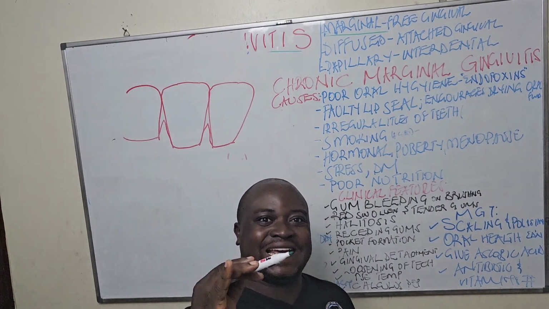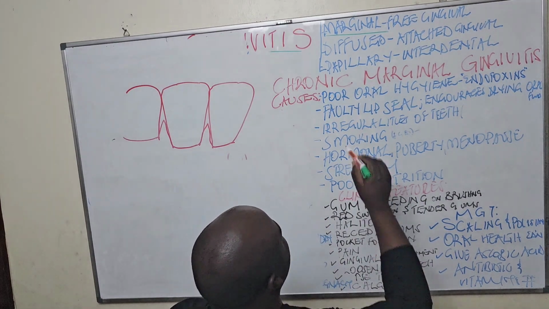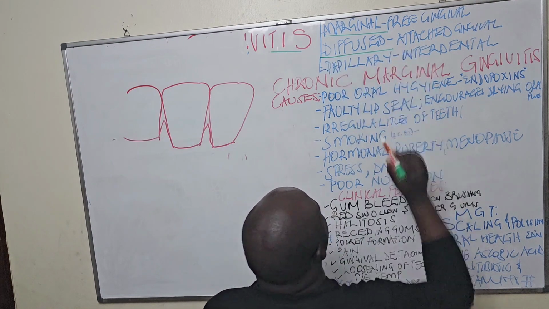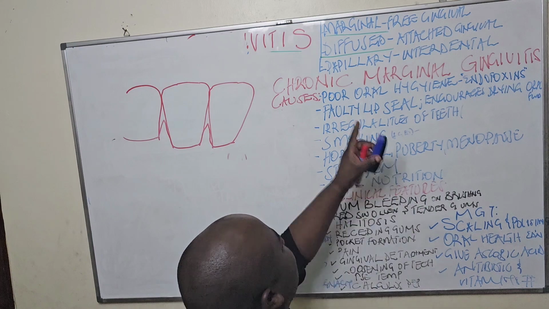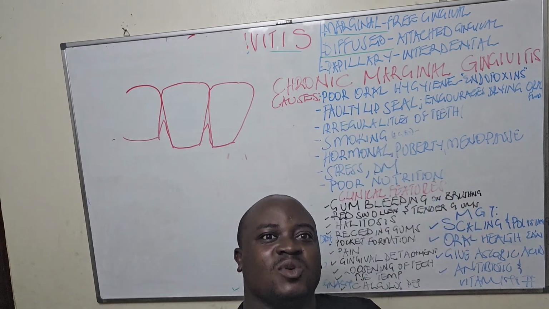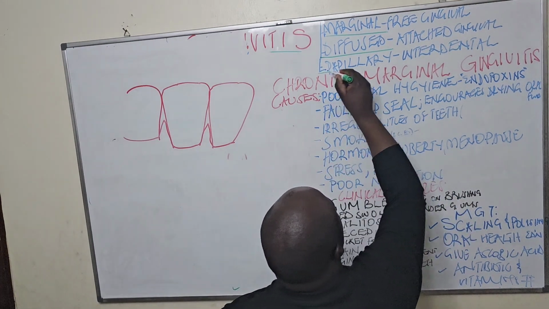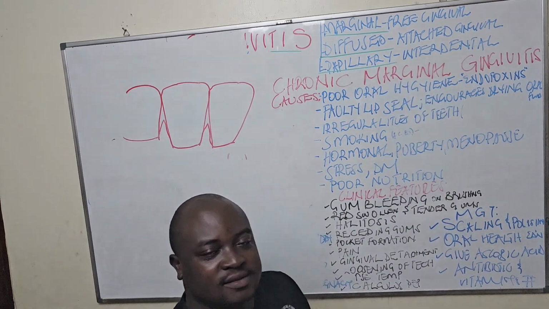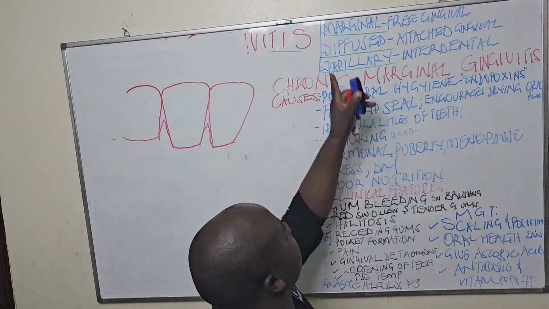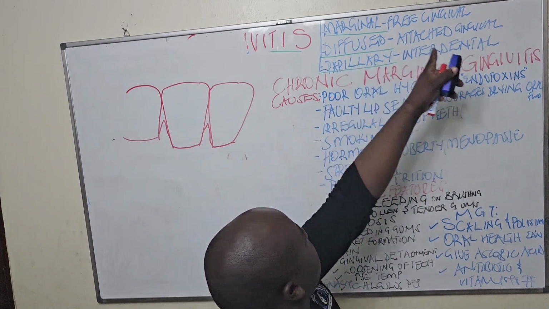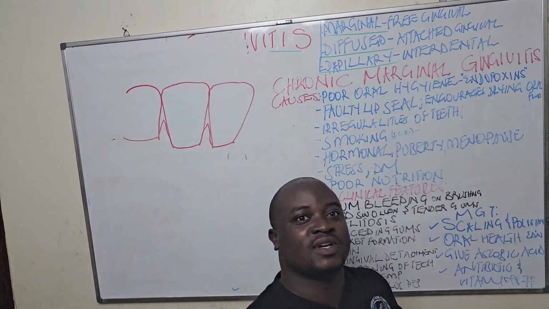Inflammation of the attached gingiva is called diffused gingivitis. Then the inflammation of the interdental gingiva in between is called papillary gingivitis. You take note: marginal, diffused, and papillary gingivitis.